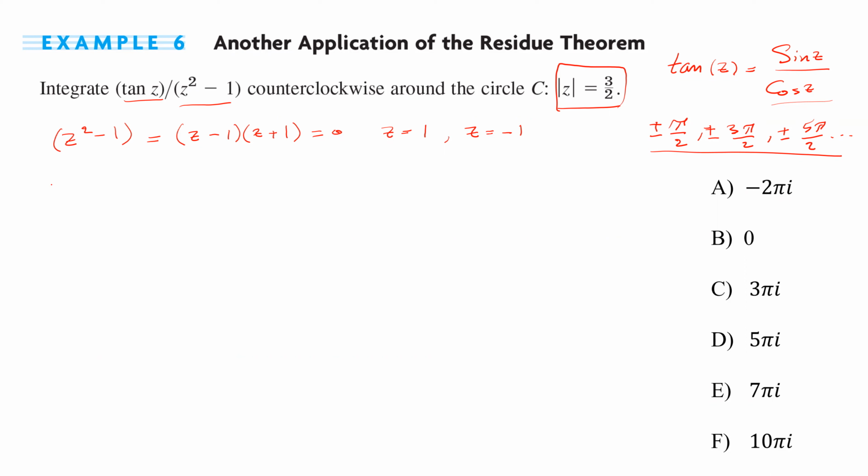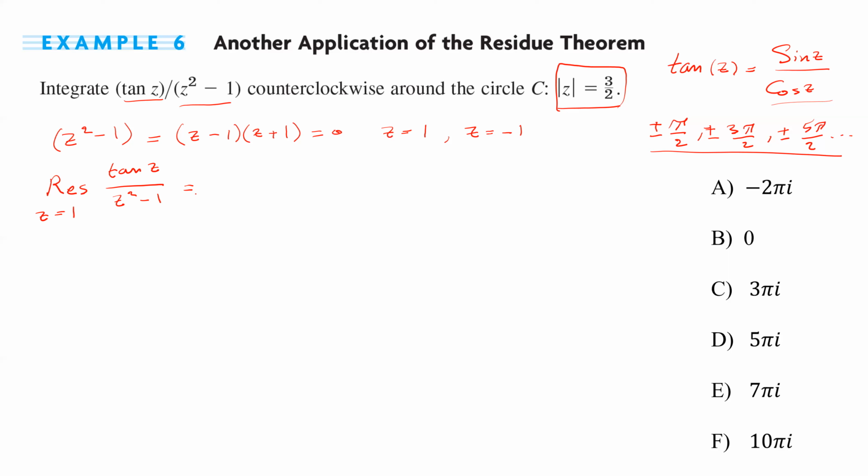All right, let's find the residue of tan of z over z squared minus 1 at z equal to 1 first. So we said we can do two things. We can multiply by z minus 1 because z naught is 1 now, and then evaluate at z equal to 1, right? Or we can do the derivative of the denominator.